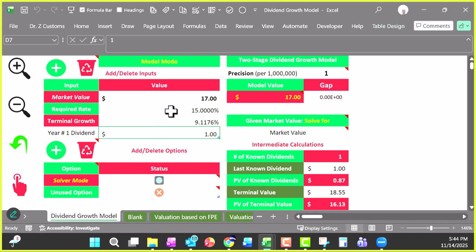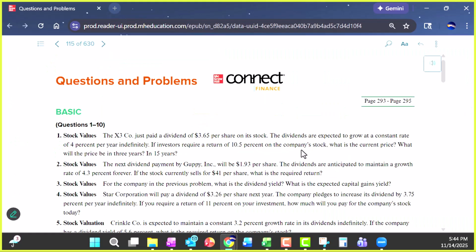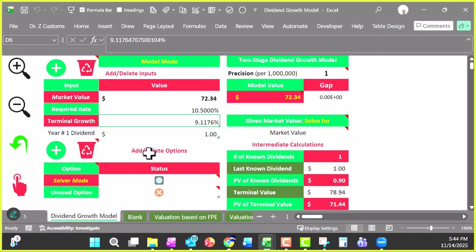And the inputs are required rate of return, which is 10.5%. So-called terminal growth. What's the growth rate after the first years? It's 4%.